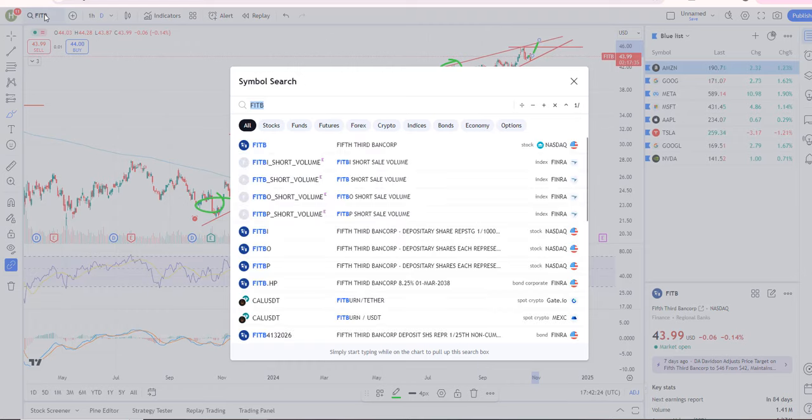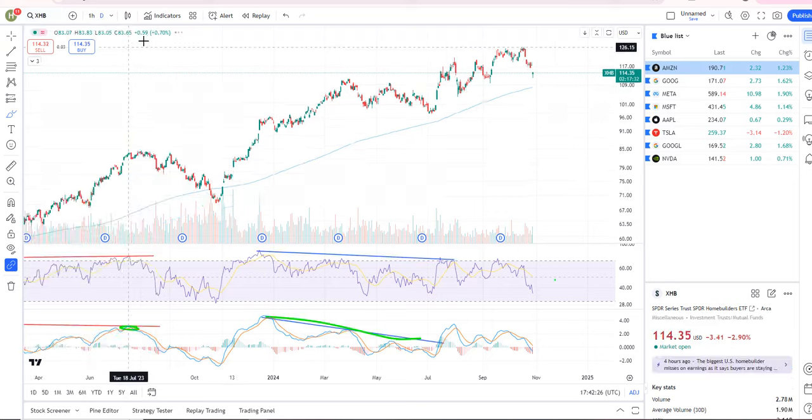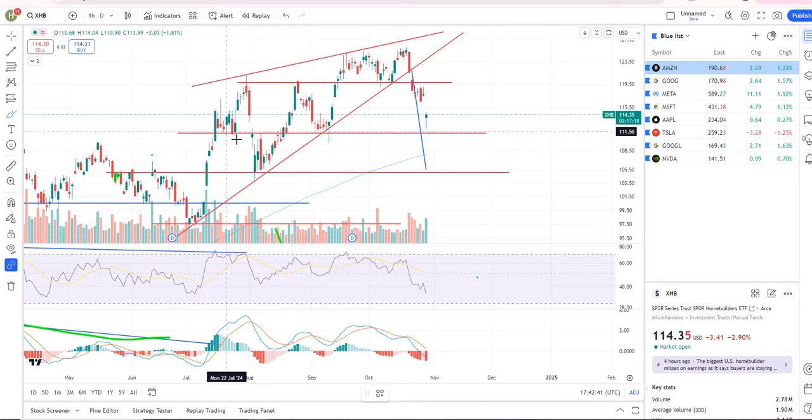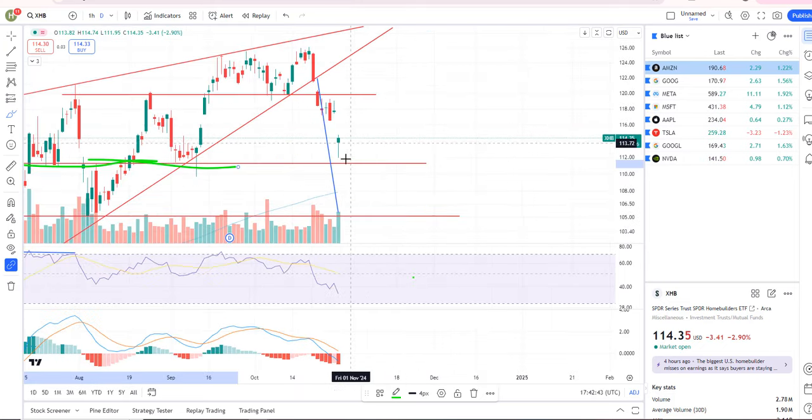Home builders. This one played out very nicely for us. Here's your home builder. Here's your XHB. Again, another sector that has triggered a sell signal. This one I think has some more downside, but we just hit or very close to the first level of support right there at about 111.14. You can see lots of reactions through there. Very close. Buyers are stepping in, so I think we could rally.